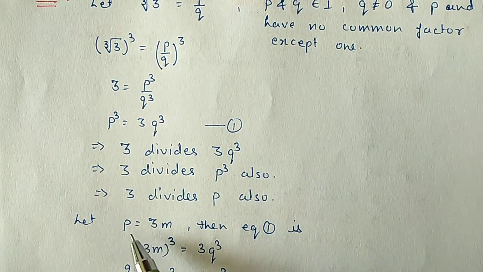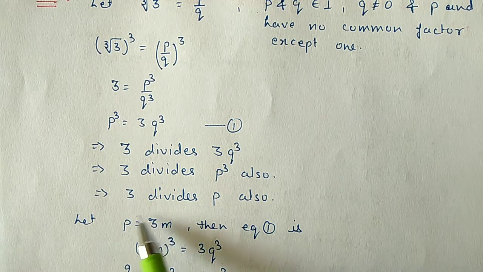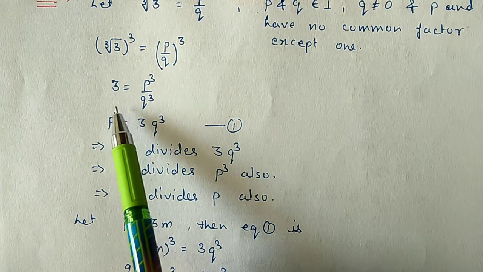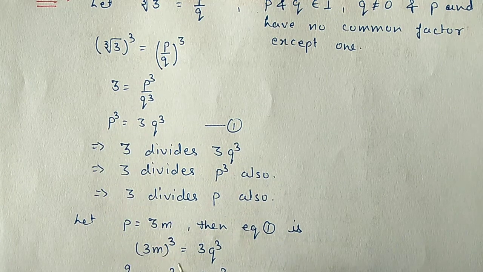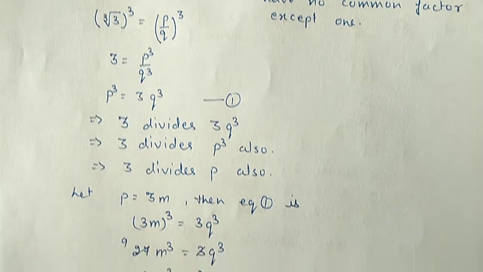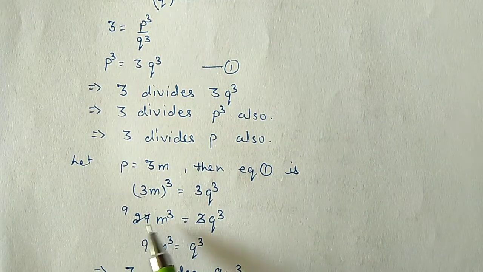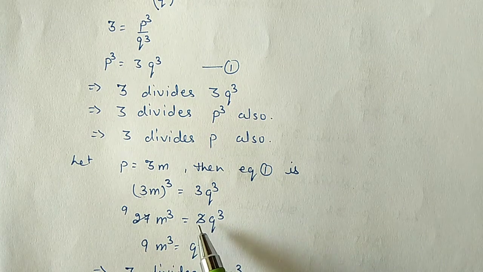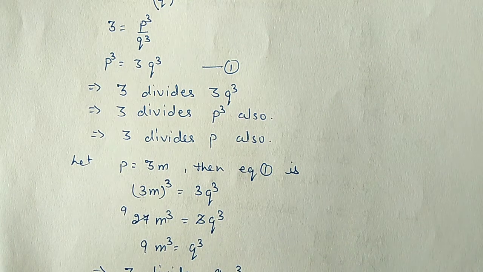Now we can take, let p is equal to 3m, any other alphabet we can take here, and this value we will substitute in this first equation. So in place of this p cube we will keep (3m) to the power 3. After doing cube, we will get 3 to the power 3 means 27 m cube is equal to 3 q cube. From 3 we can cancel out, 3 nines are 27. So we have 9 m cube is equal to q cube.